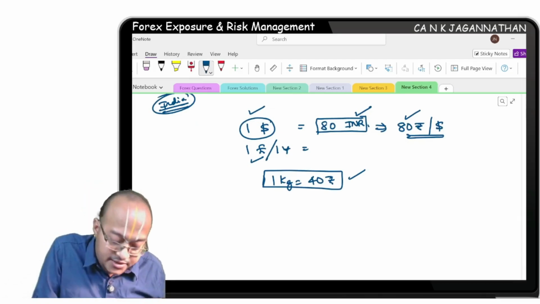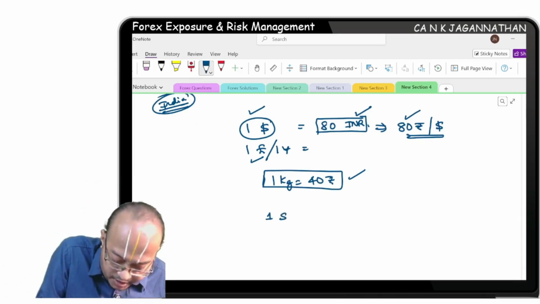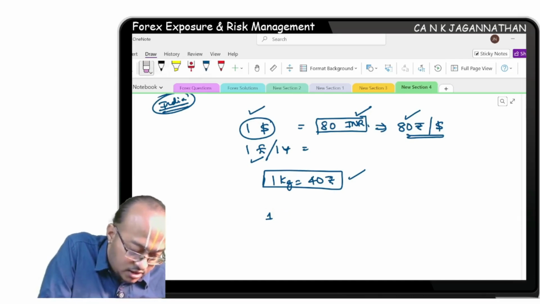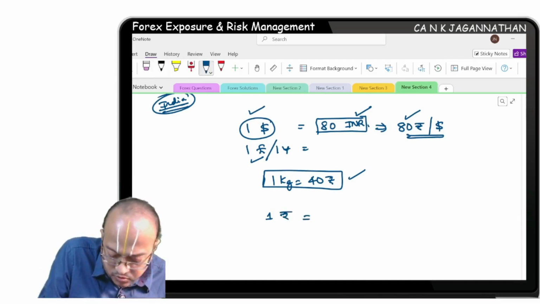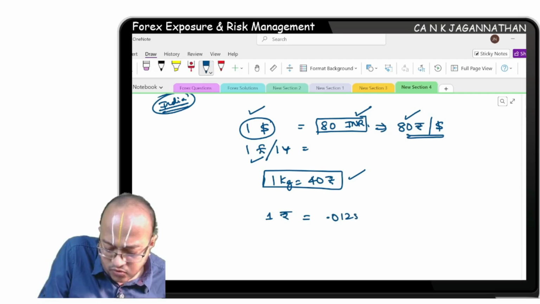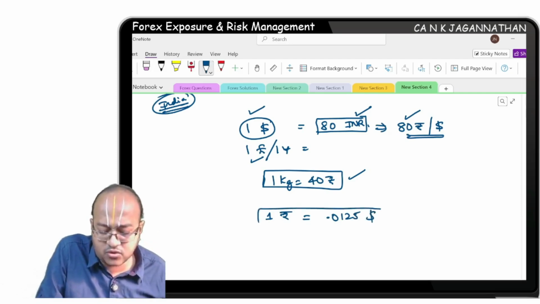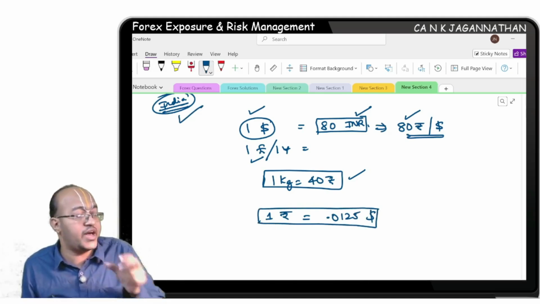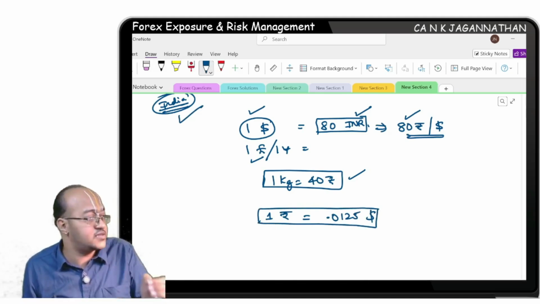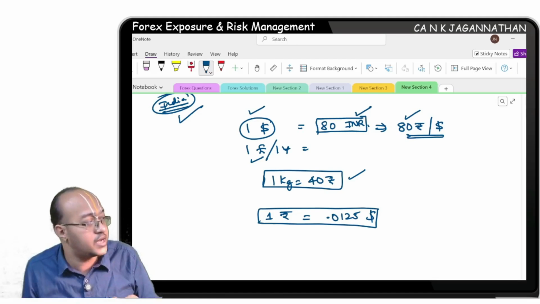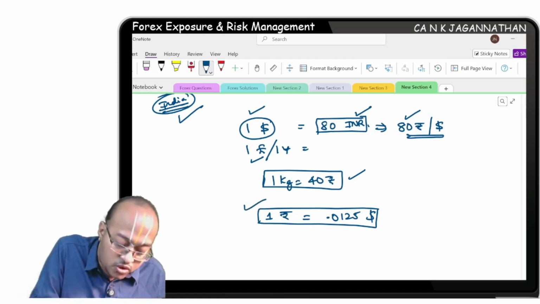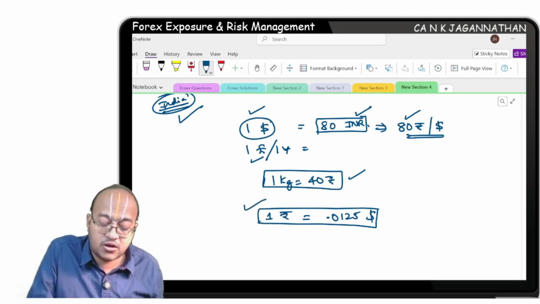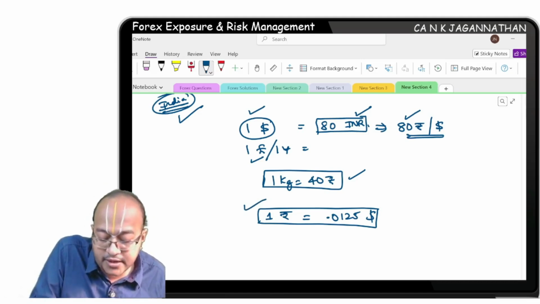Are you all understanding? So 1 rupee is equal to $0.0125. Assume this is the quote given in India. Again, the country is important where you are, the domicile is important. If you are in India, then this quote for INR is dollar per INR. How to read this?